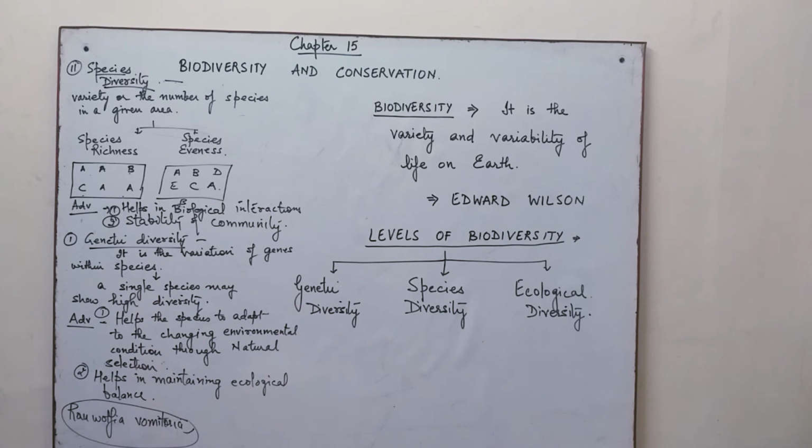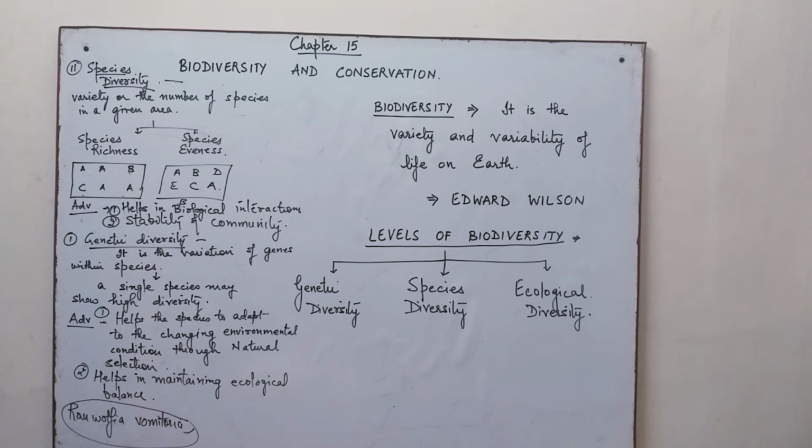We can understand these two terms better. Genetic diversity is like the different breeds of dog, or, as we talked about, Rauwolfia vomitoria, which is found in the Himalayan regions, with 50,000 genetically different strains of this plant. But when we talk of species diversity, in a forest there may be different trees, and certain species may have more members than others.